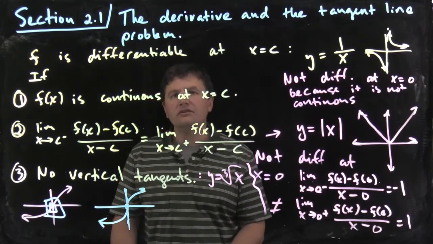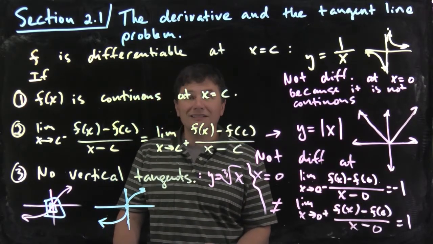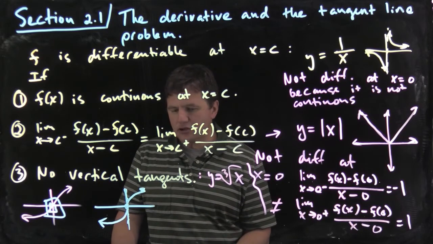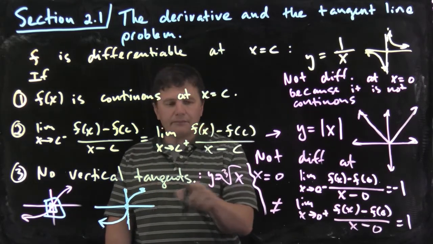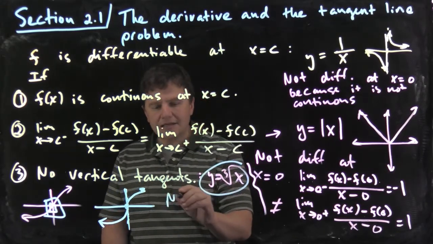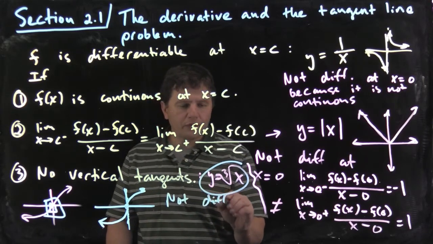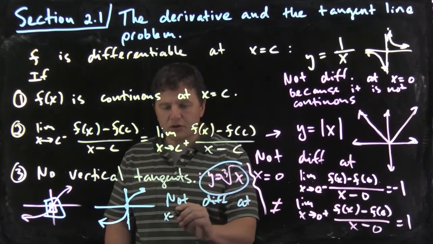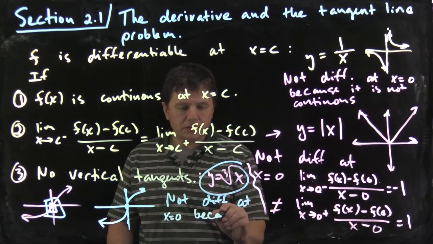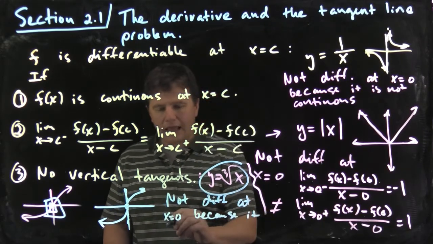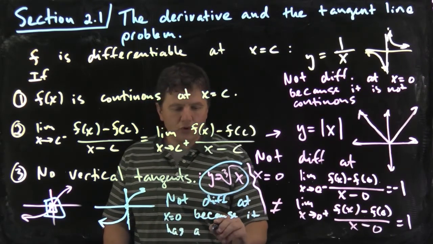So what that means is the slope at that point does not exist, just like we talked about from Algebra 1. So we would say this is not differentiable at x equals 0 because it has a vertical tangent.